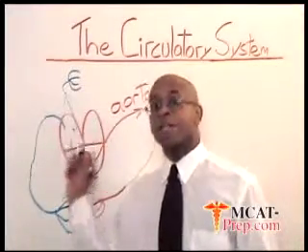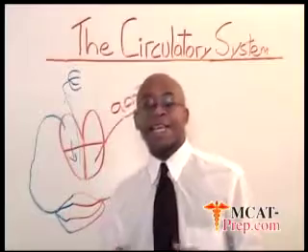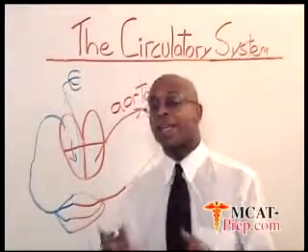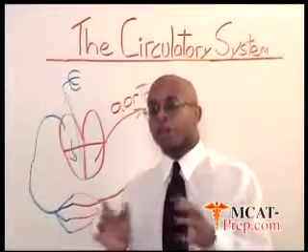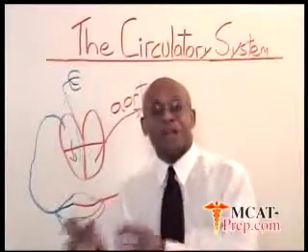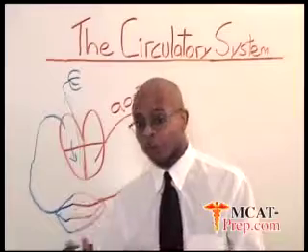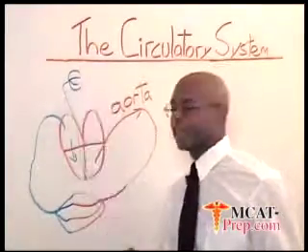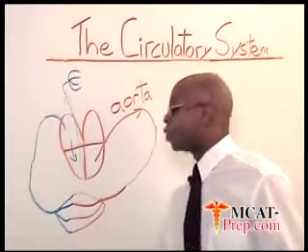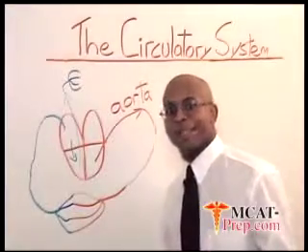But blood going to the pulmonary system is deoxygenated in pulmonary arteries. So just because it's an artery doesn't tell you if it's oxygenated or deoxygenated. It depends on where that artery is going to. So in the lung, in the capillary beds, we get oxygenation.